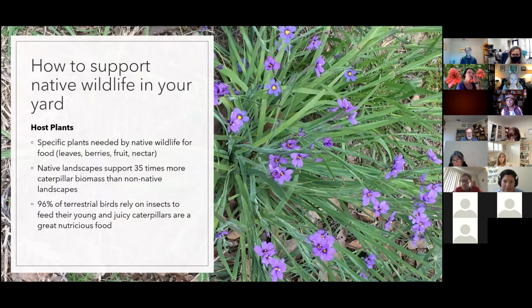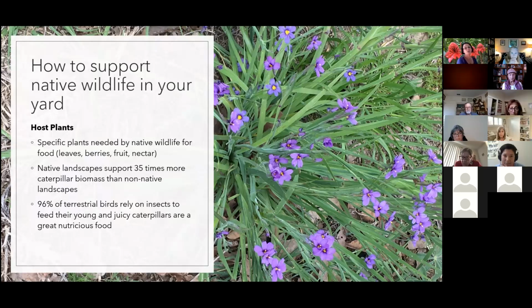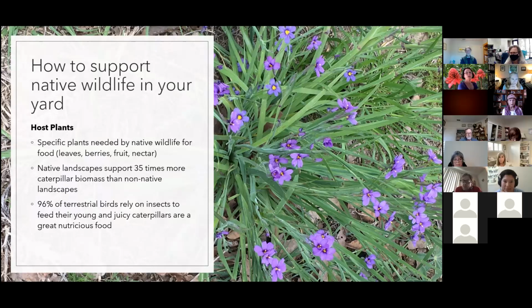So how can we support native wildlife in our yards? One important aspect is the host plants that support that wildlife. So host plants are specific plants that are needed by native wildlife for their food, for example. That can be the leaves or the berries or the fruit or the nectar, or it can also be a specific plant that provides shelter. And we know from extensive research on this that native landscapes provide a lot more, up to 35 times more biomass of caterpillars, for example, than non-native landscapes.